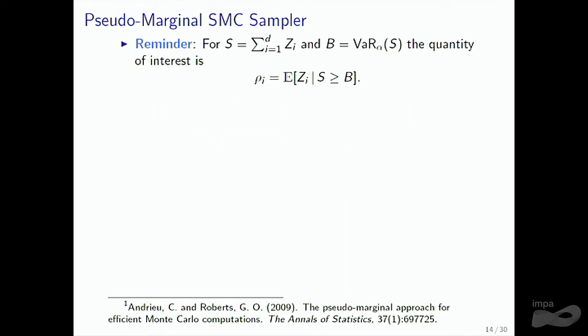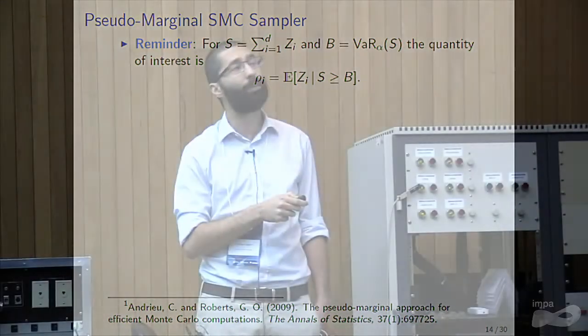Okay, so let's now talk about something slightly different. I promised the last extension I'll talk about this kind of thing. So let's remind ourselves that S is the sum of Z, B is the value at risk, and we want to estimate this. So even if our model is defined through a parametric form, what we are interested in calculating is something that's not dependent on the parameter, right?